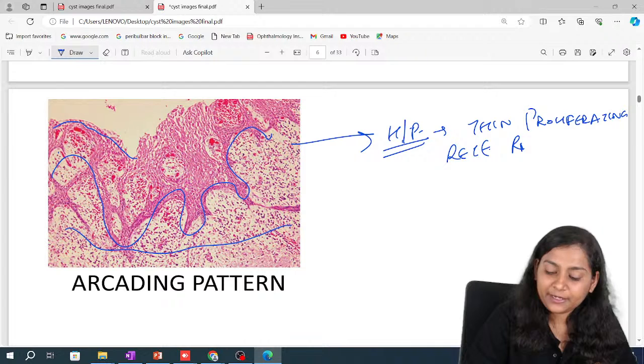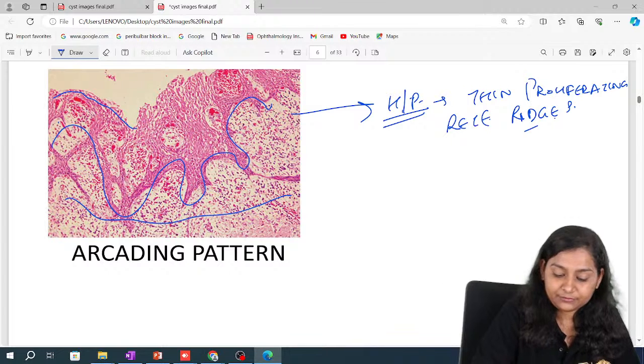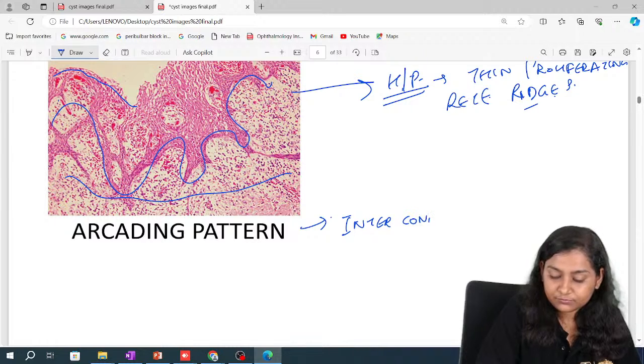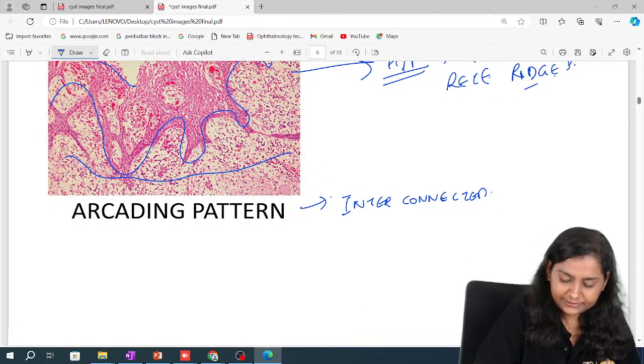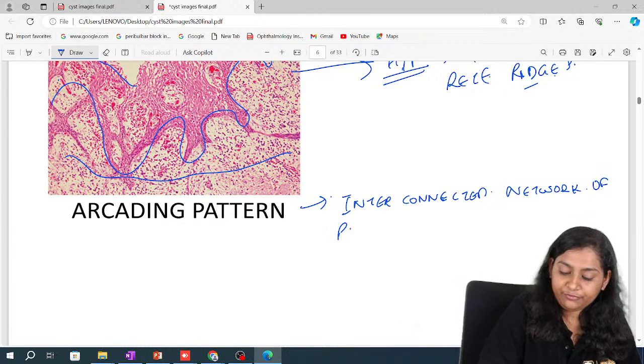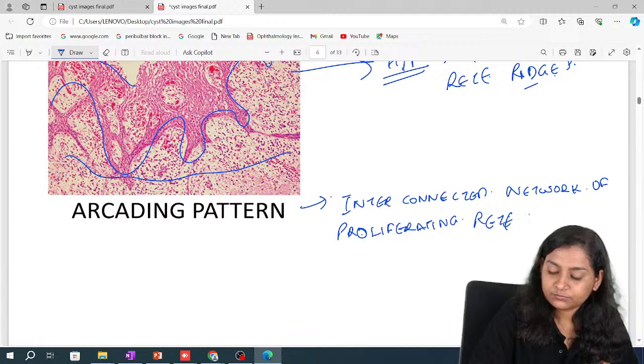Now you would have heard many times about the arcading pattern. What is the arcading pattern? The interconnected network of proliferating rete ridges.